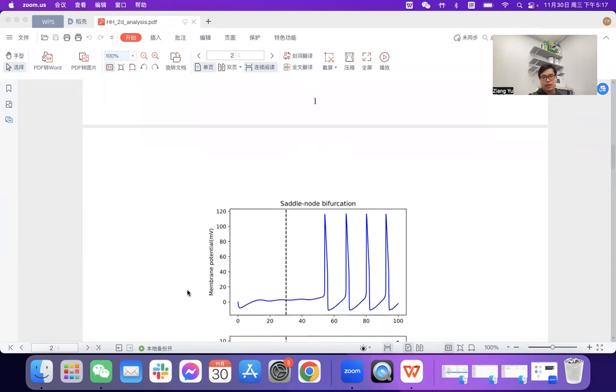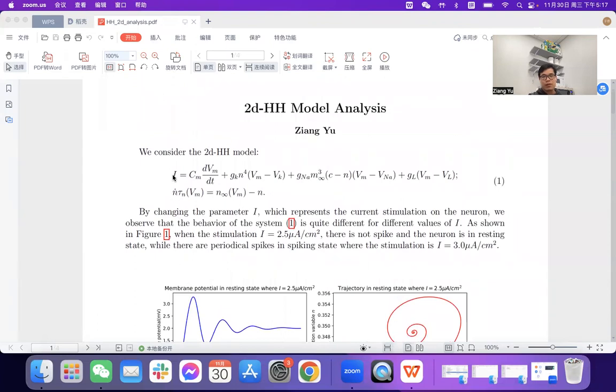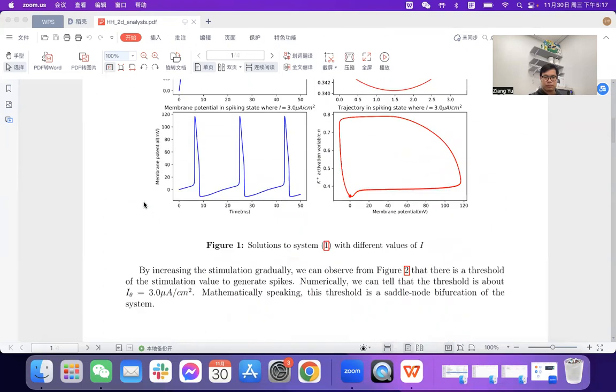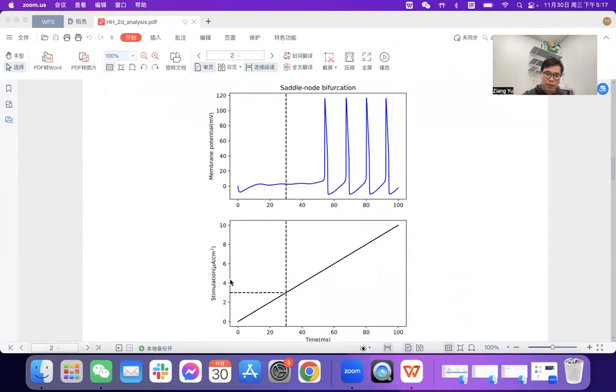This can be done similarly using the Euler method, because this is still a parameter, but it just changes with t, and it makes no difference to the forward Euler method. The stimulation starts from 0, and when the stimulation is really small, the neuron will be in a resting state, and there will be no spike. If it passes some value, then the neuron will begin to spike periodically.